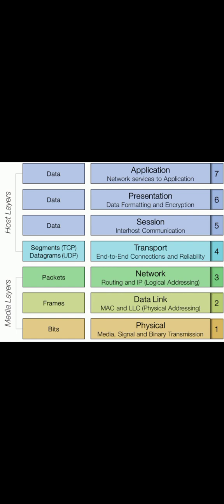Now we try to discuss the physical media. In the physical layer, to establish a proper internet connection, we need some hardware devices like cables, or for Wi-Fi, a router.